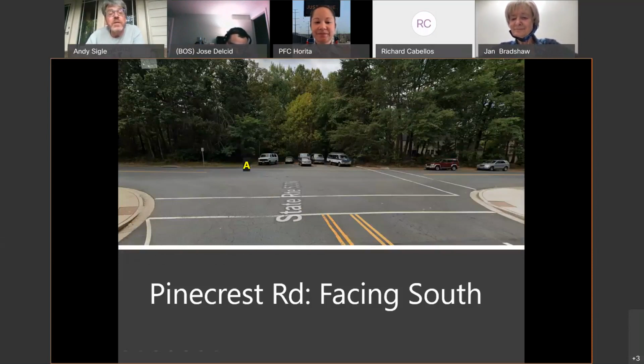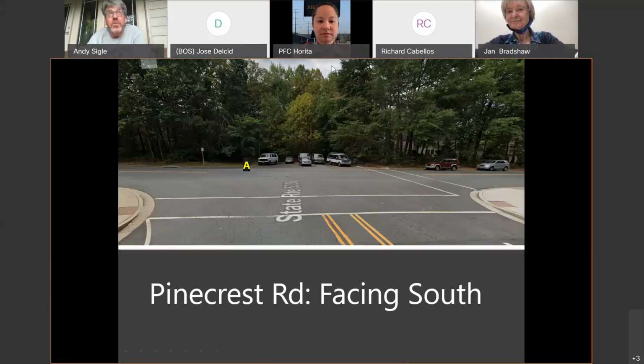Absolutely. I was almost like an A prime on here at the end of the crosswalk on the right side that crosses Glade, where Robin and I did a walk once. At the southwest corner there's a nice accessible curb cut, but then it just goes nowhere. I'm talking about across the Pinecrest from A. It almost needs an A prime, because at that area it just needs to connect to something.